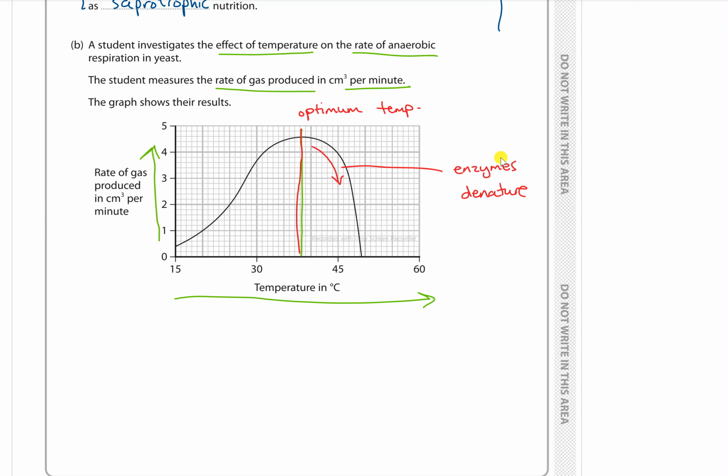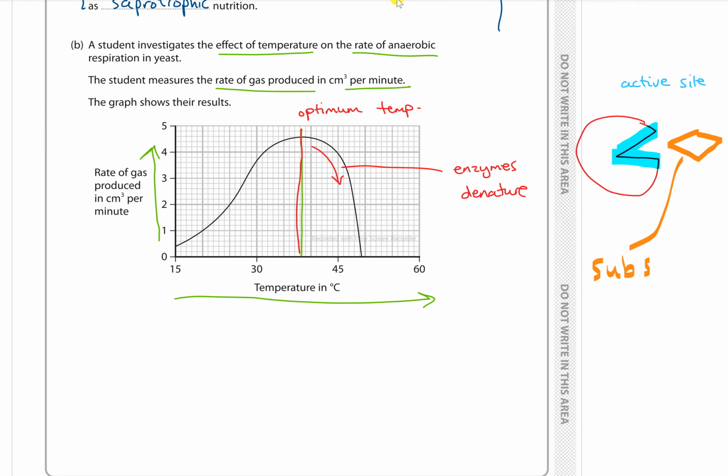There's your enzyme like Pac-Man, yeah. That there is the shape of the active site. The raw materials are called substrate. That fits in there nicely. It reacts and then releases the product.